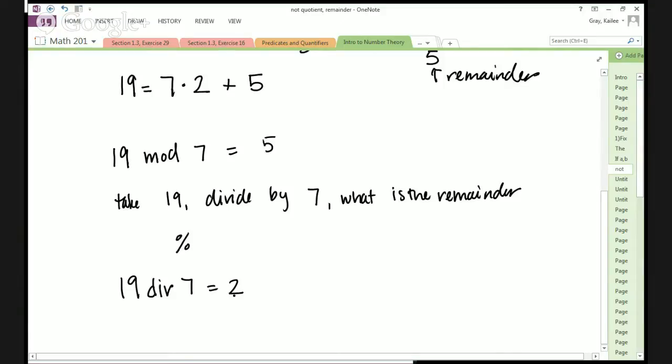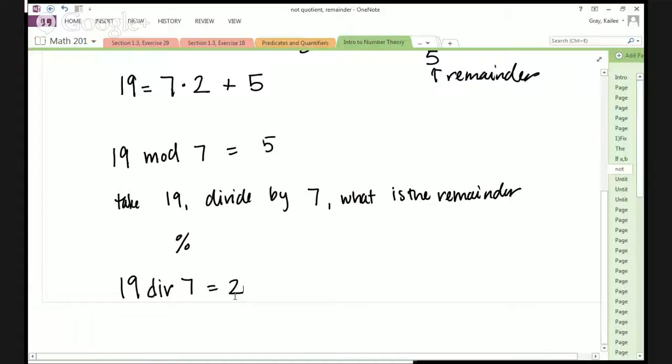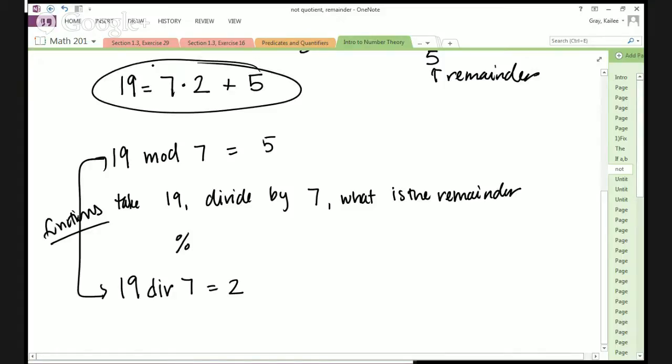That's 2. So those are two functions that we're going to be talking about. And those are really easy to calculate by hand if you have this equation written, if you have the division algorithm applied.